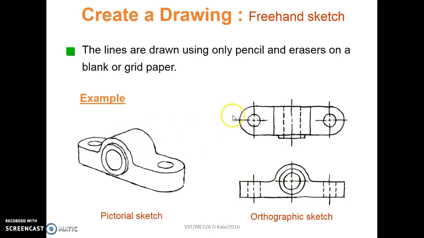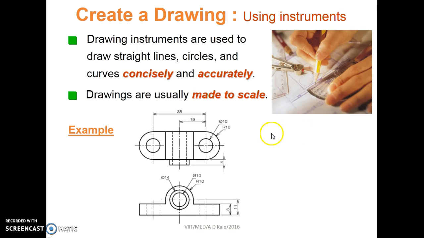It is also possible to draw a pictorial sketch as well as the front view and top view of the three-dimensional object by using freehand sketch. But the types of lines will remain the same. That means center line, outline or hidden line, like that. By using the instruments, we can draw the drawing more concisely and accurately.